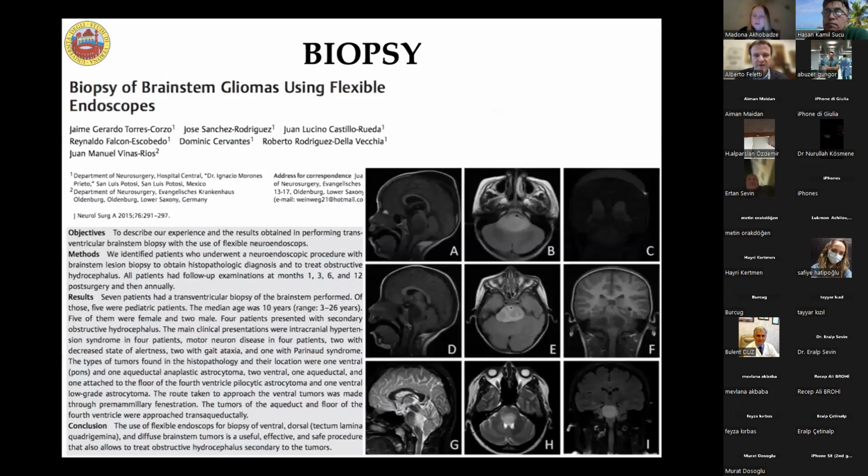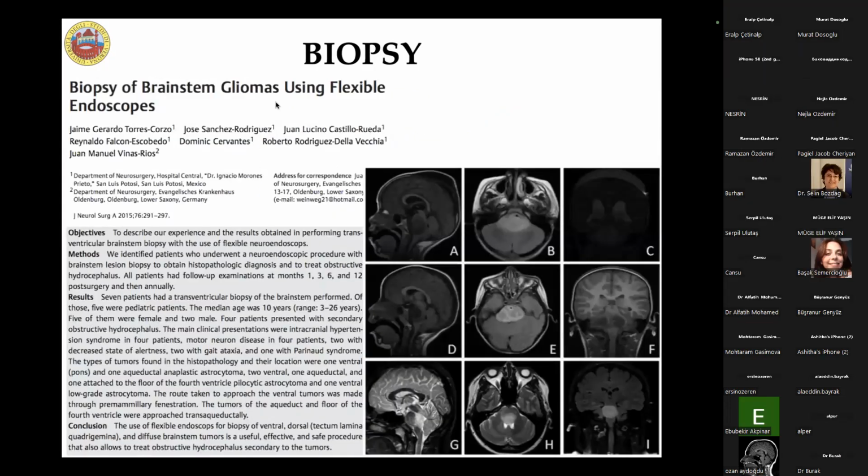And the same group, very interestingly, published the possibility to take biopsy samples from the brainstem, again through the ETV. It looks like a very difficult procedure. Actually, it must be performed only at the end of the learning curve, I think.